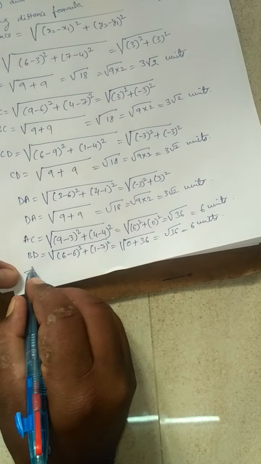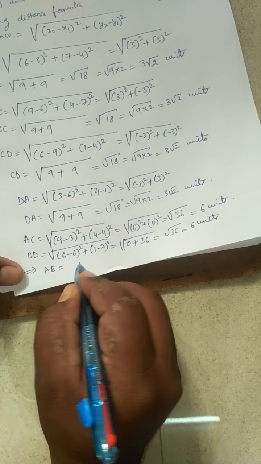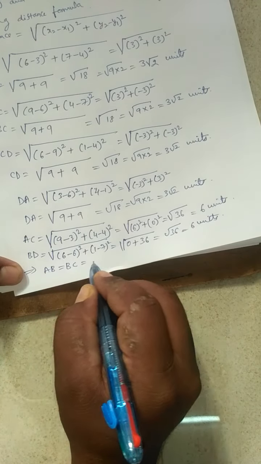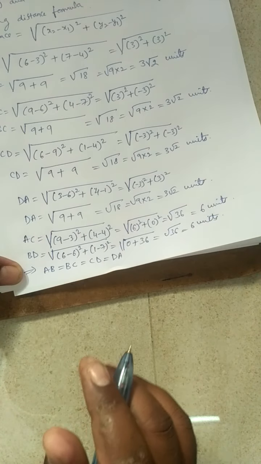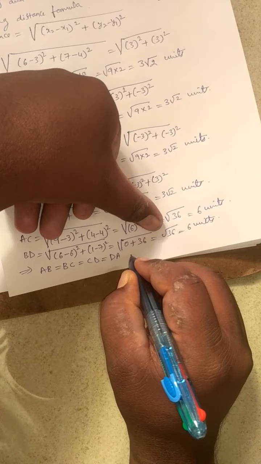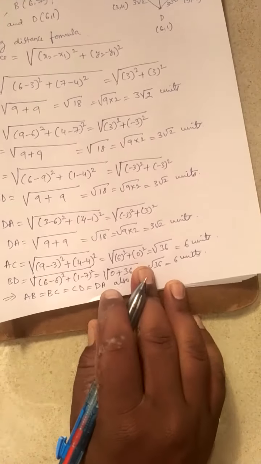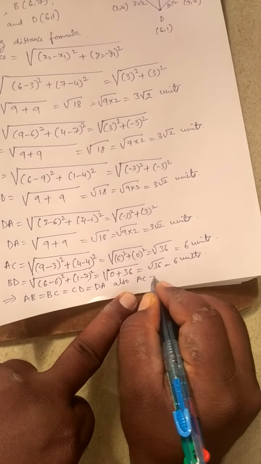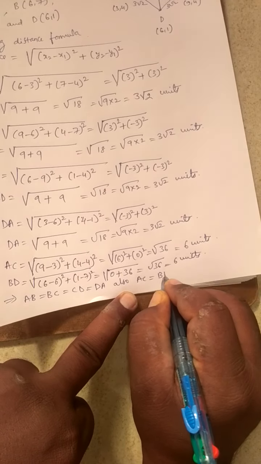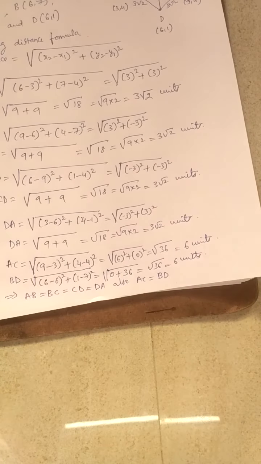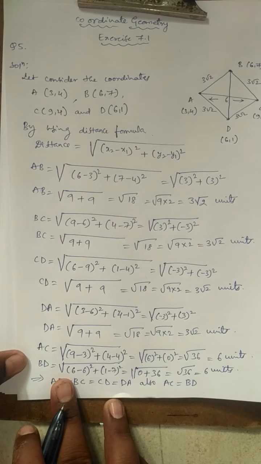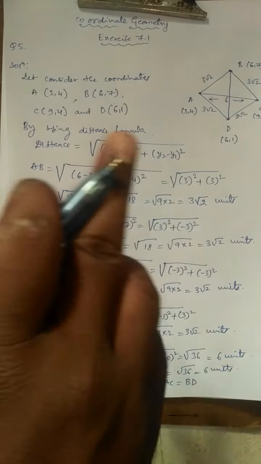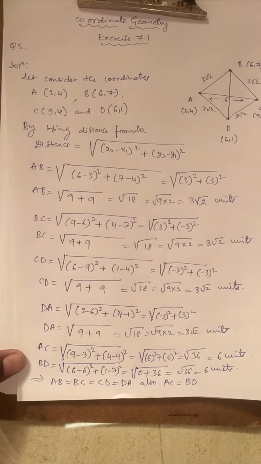Now this implies AB equals BC equals CD equals DA. All four sides are equal. Also AC equals BD. So by using these coordinates with the help of the distance formula, we found the sides of this given quadrilateral and the lengths of its diagonals.